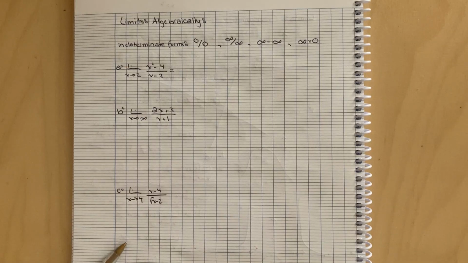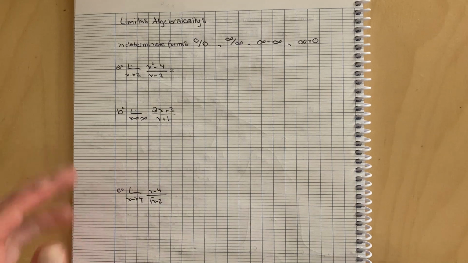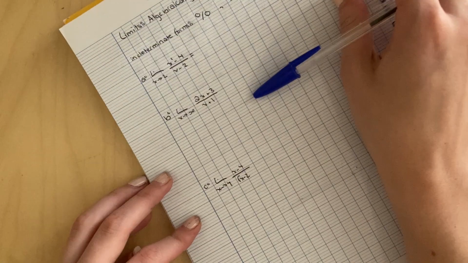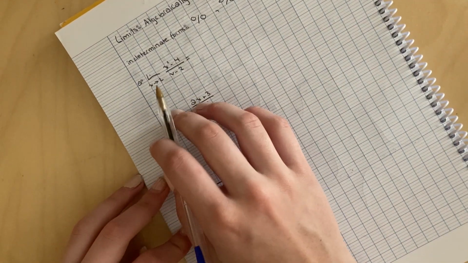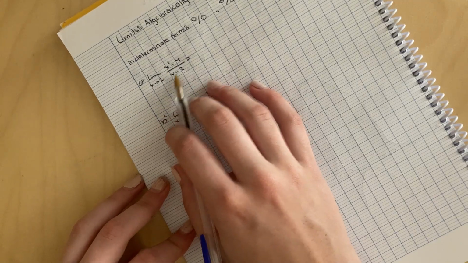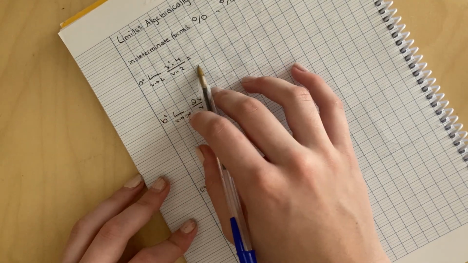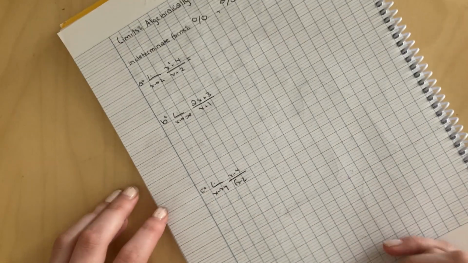So we're going to solve these 3, and if we get an indeterminate form in any of them, we know that we just need to change our path a little bit. We're on the right track, we just need to take a slightly different method to get an answer that's not indeterminate. So the first one, our first exercise, is the limit of x squared minus 4 over x minus 2 as x tends towards 2.